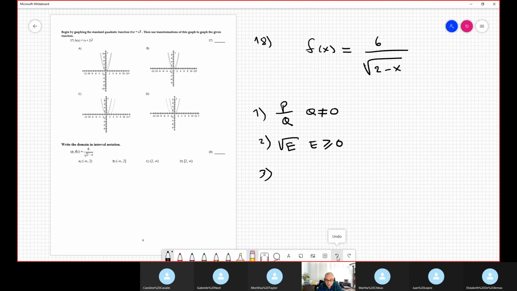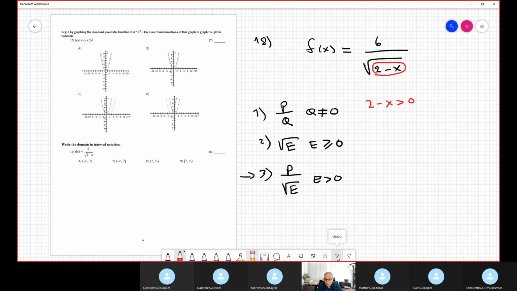And for the combination of both, P divided by radical E, because it's the square root and the bottom, it must be only positive. So to find the domain, you take the expression inside the square root, E, and enforce it to be greater than 0. The solution of this gives me the domain, and that's it.